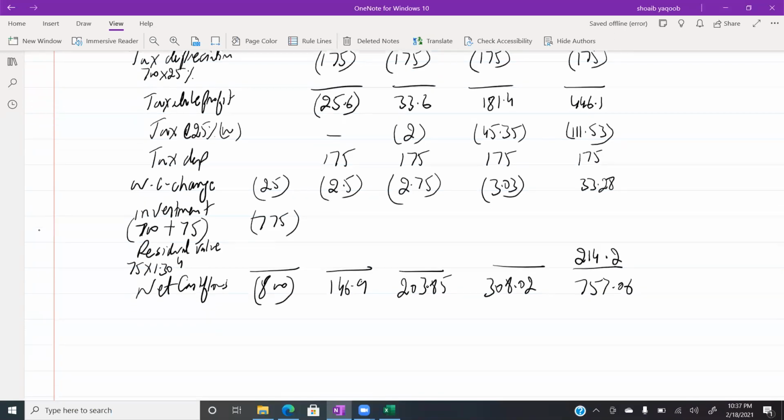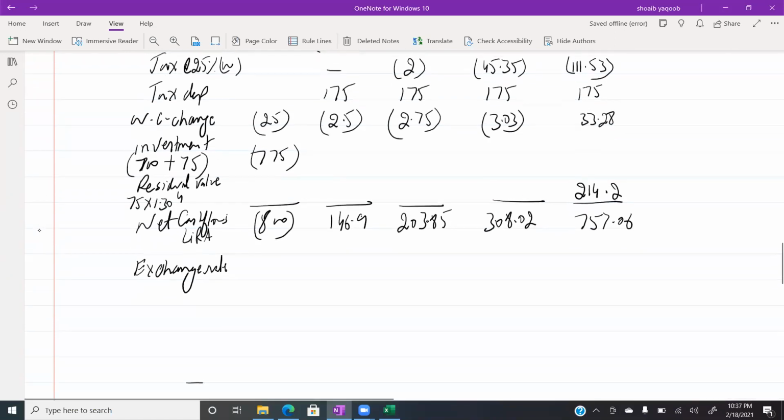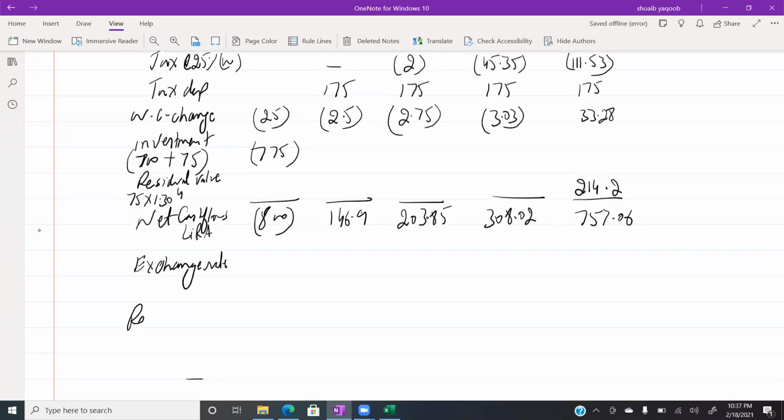Okay, all of these cash flows are in lira. Now what we will do, we will write the exchange rate here and convert these cash flows into euro. So we have to calculate the exchange rate.